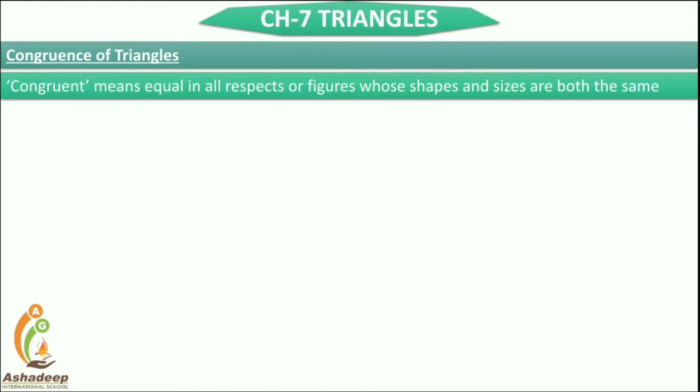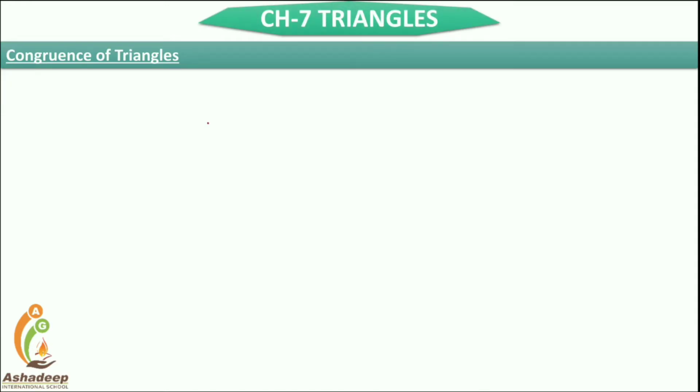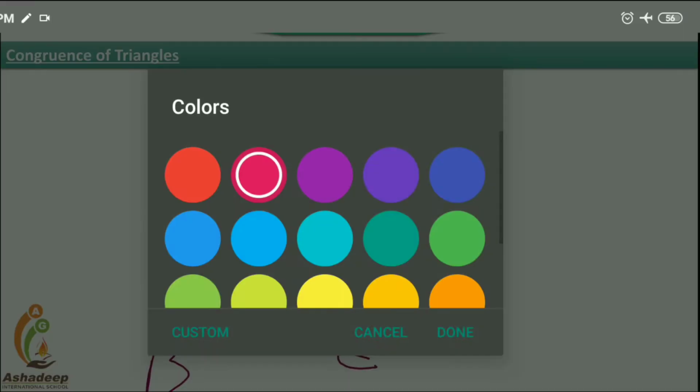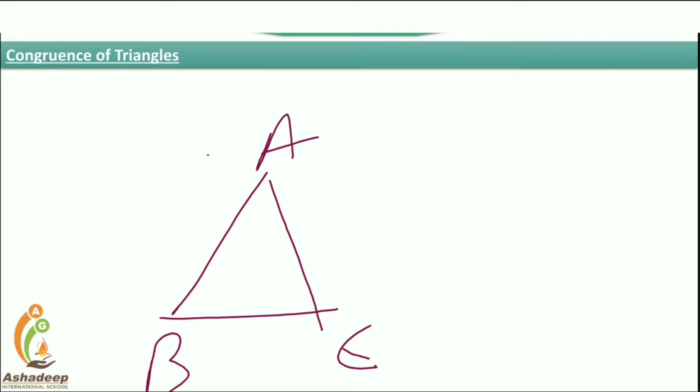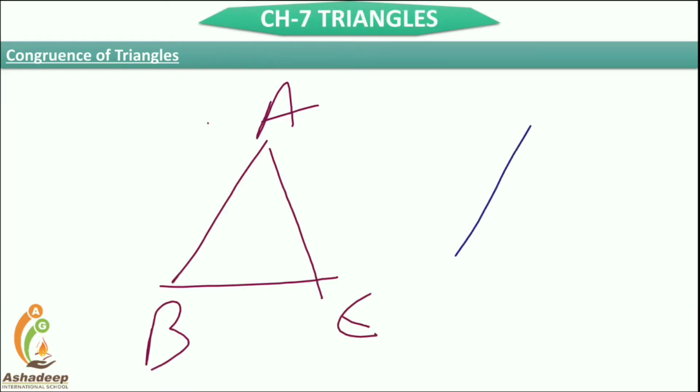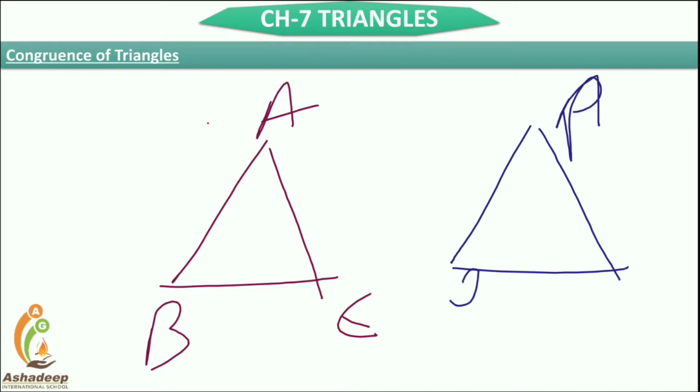Once again, let's see. Say this is one triangle, triangle ABC. Now let's take another triangle which is blue in color, triangle PQR.